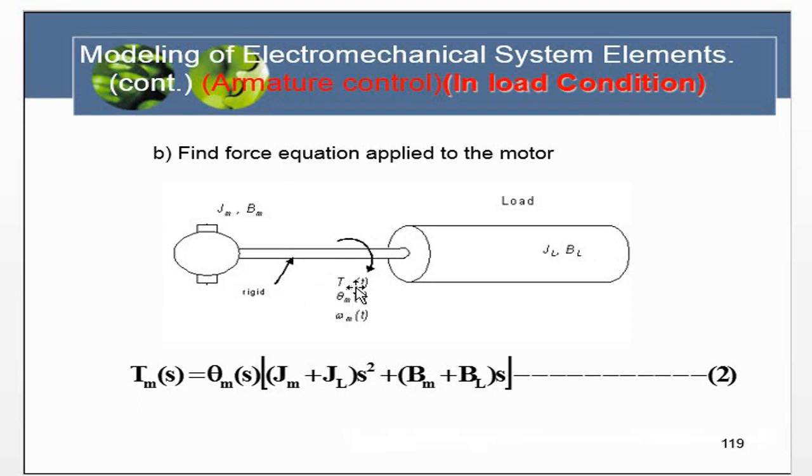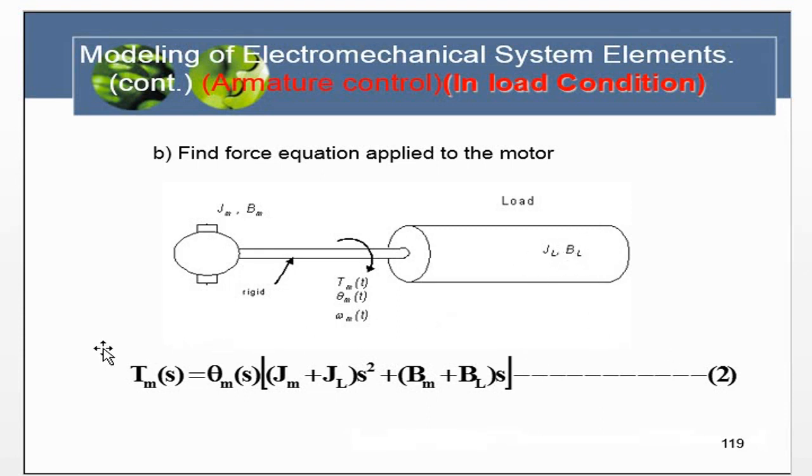It is torque Tm, mechanical torque, and then mechanical position, and then mechanical speed. This is the inertia of load JL, and BL is the damping ratio or damping coefficient of load.